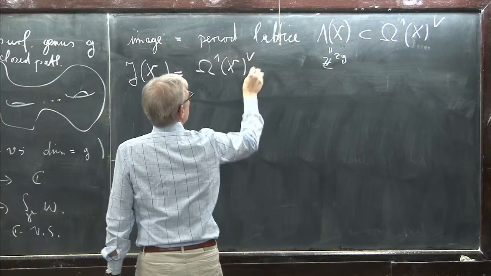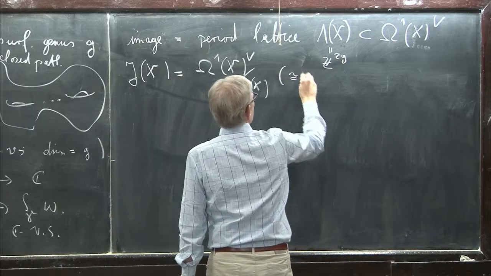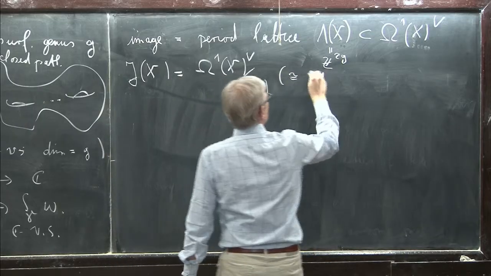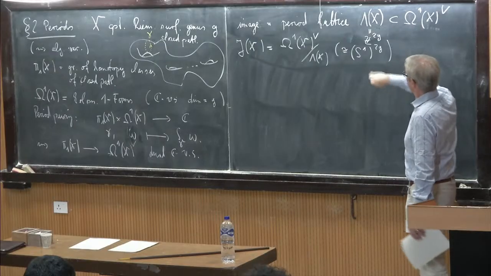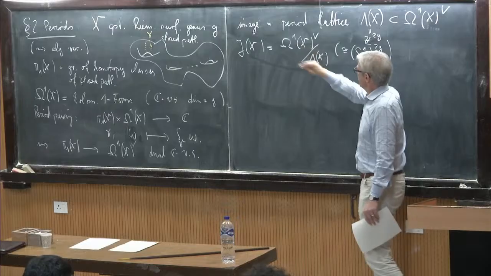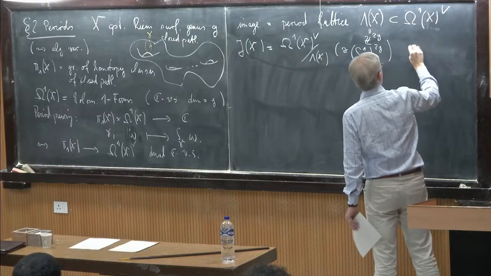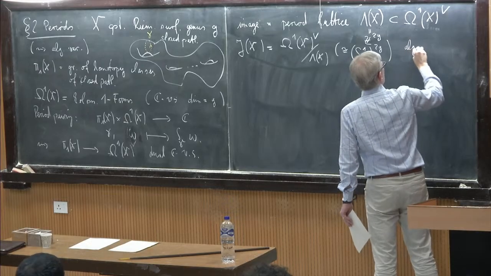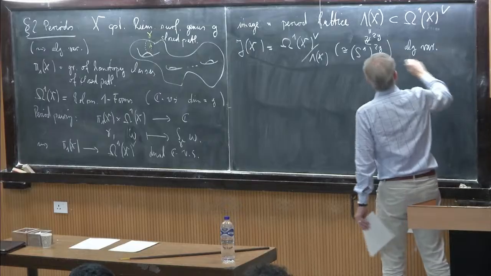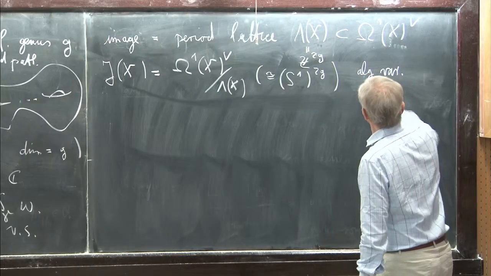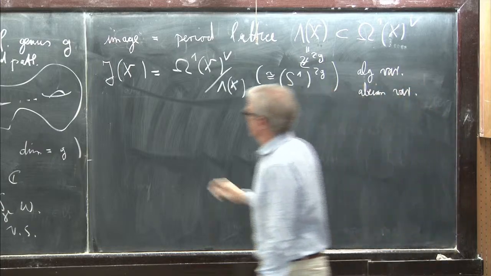This is isomorphic to a product of 2g circles as a real manifold, but this has a complex manifold structure. And even more is true, this is also an algebraic variety, and in fact with a group structure, so it's an abelian variety. And this is called the Jacobian.